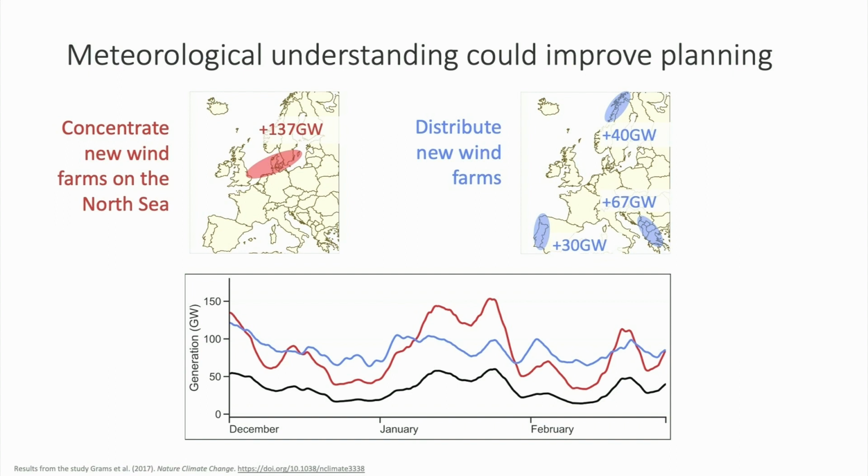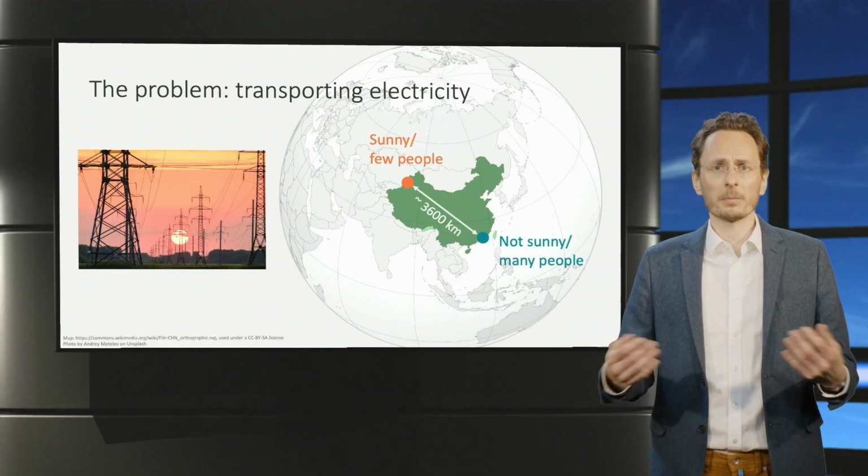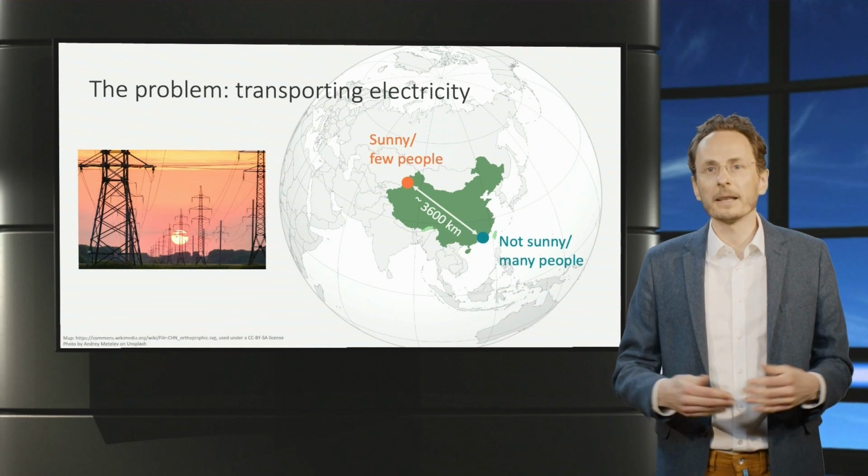However, there's a considerable problem here. If we distribute our electricity generation infrastructure in space, we may also need more power lines to move this electricity around. For example, if Portugal has a massive overproduction of wind electricity, while Northern Europe has little or no wind, that electricity would need to be transported from Portugal to Northern Europe. It is possible to solve this problem by building dedicated power lines.